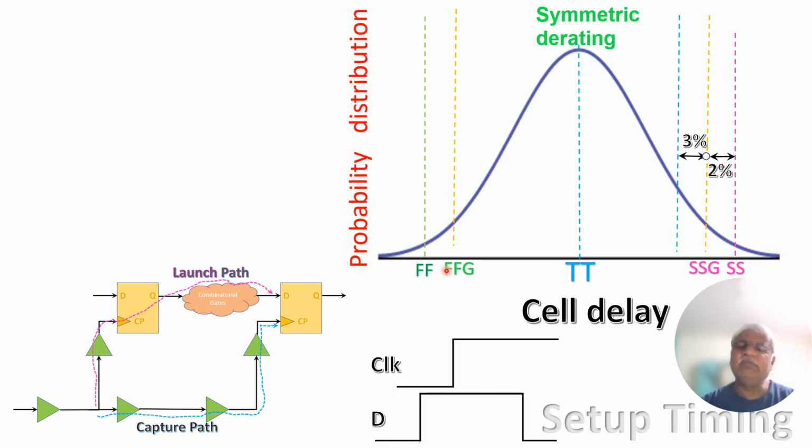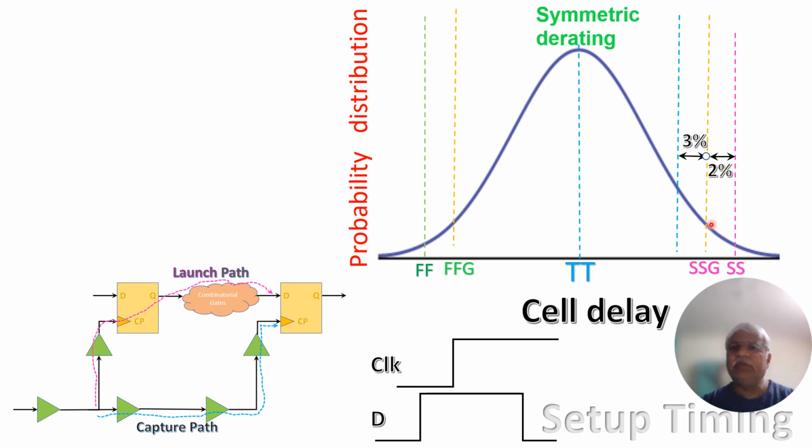So here again we will consider the setup timing. In the setup timing, here SSG is this one, and with respect to this one, the derates represent the local variation, this for the early and this for the late.